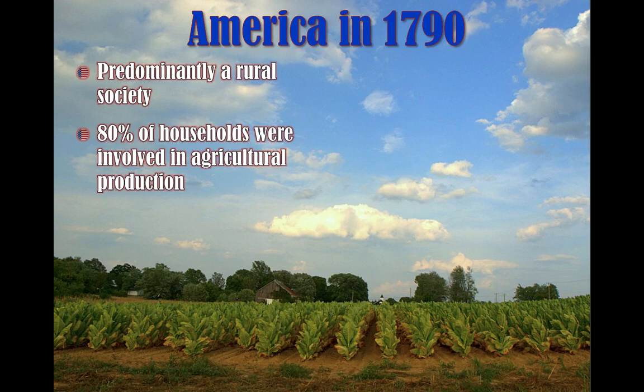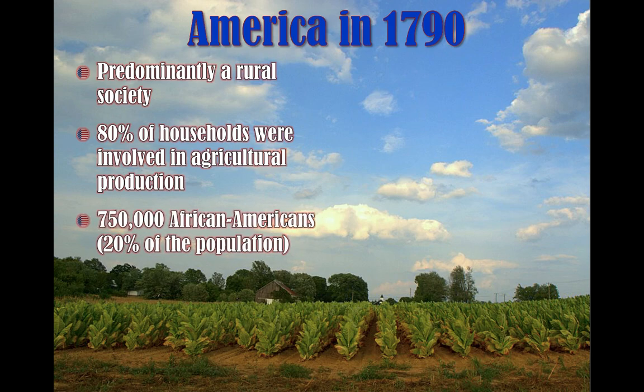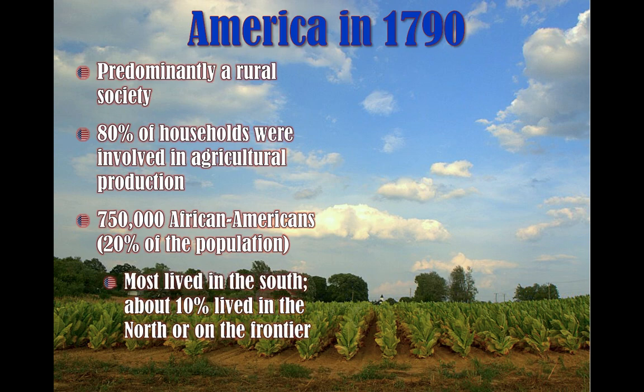So 80% of households were involved in agricultural production, so creating, like we talked about, cash crops in prior units, so creating crops for money. There is 750,000 African Americans, which is 20% of the population. So in America at this time, 1/5 of the population is African Americans, and unfortunately, a lot of them in this time period were utilized for slave labor.